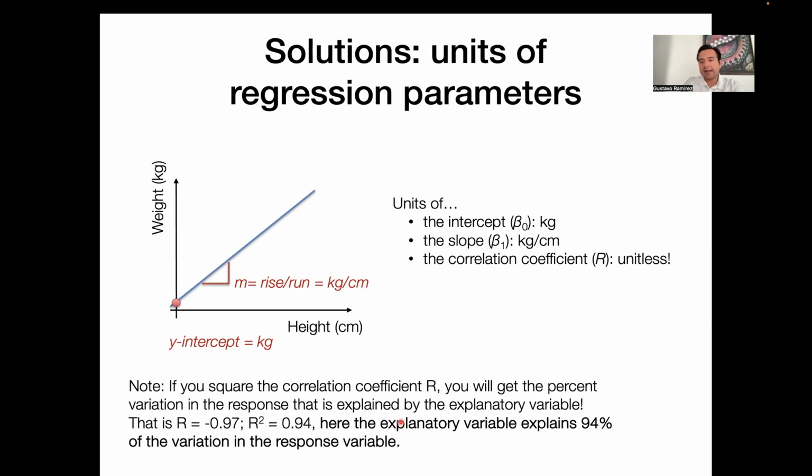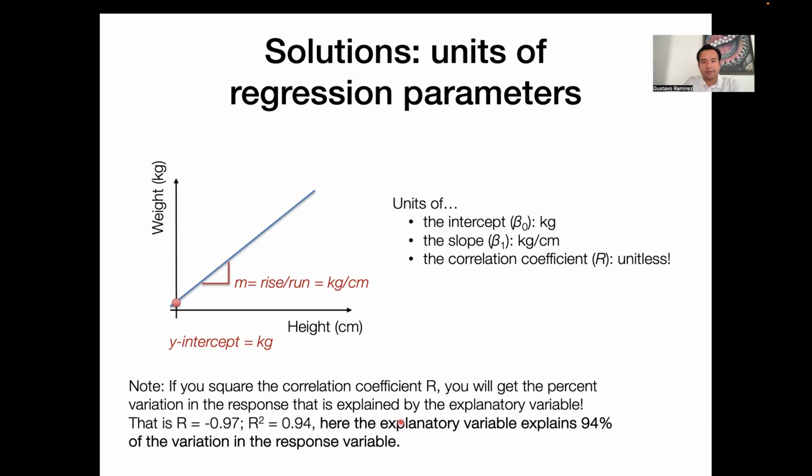If our slope, m, is equal to the rise over the run, we would be looking at kilograms as the units for the numerator, and centimeters as the units for the denominator. So again, the slope, or B1, would be kilograms per centimeter.